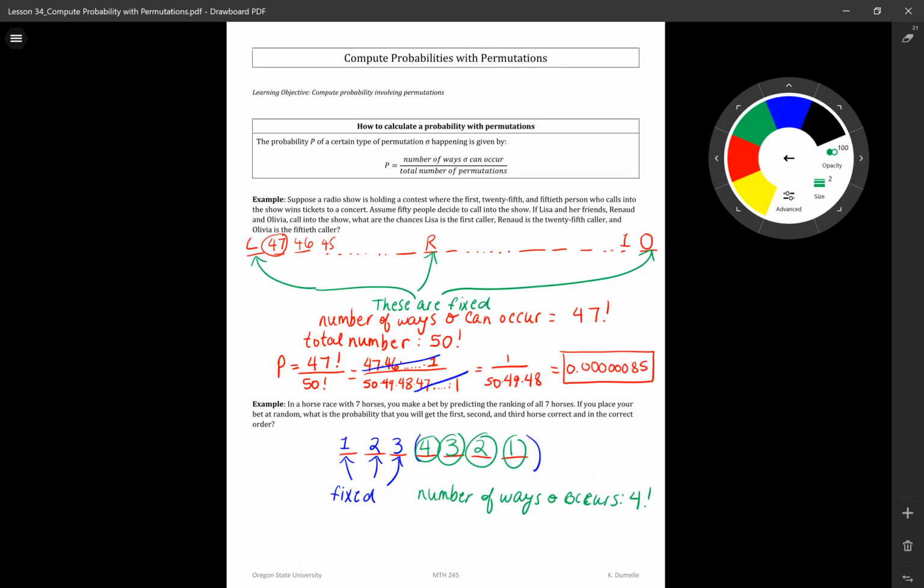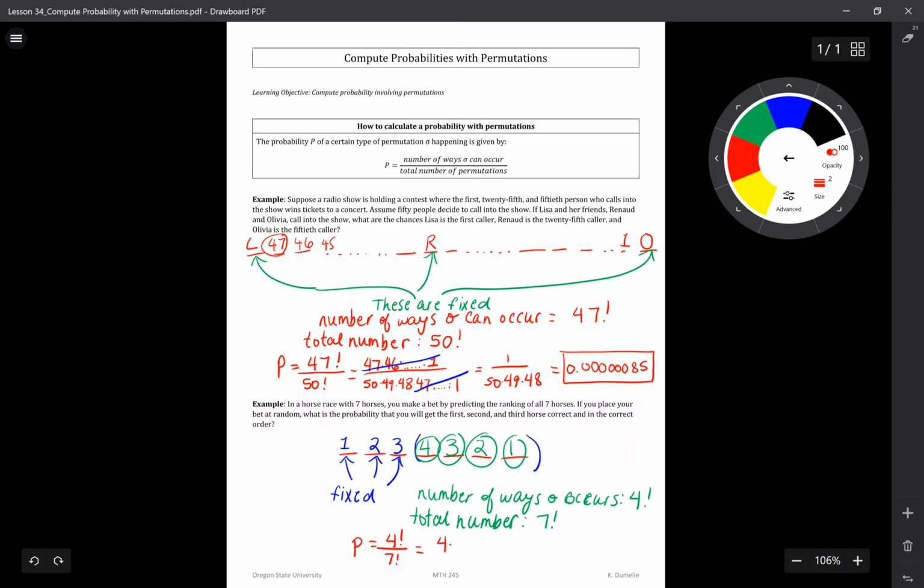And then if I ignore the fact that I get the first 3 right, how many different possibilities are there for me to bet on 7 horses at random? Well, there are 7 possibilities for the first slot, 6 possibilities for the second slot, so on and so forth, all the way down to 1. So the total number of possibilities is 7 factorial. Again, that's the multiplication principle. So then our probability is 4 factorial over 7 factorial.